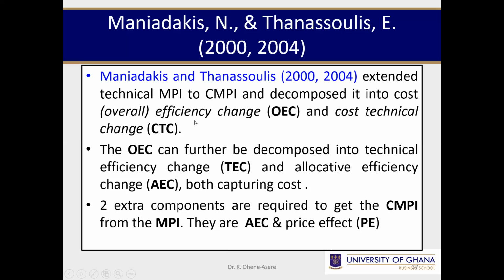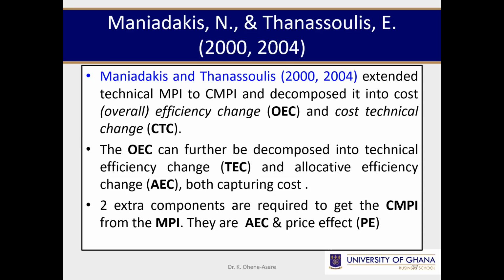The two-factor decomposition is overall efficiency change and then cost technical change. To be honest, I would have wished that the overall efficiency change was called cost efficiency change, and actually you can also decide to call it that, so that it sounds nicely like cost efficiency.